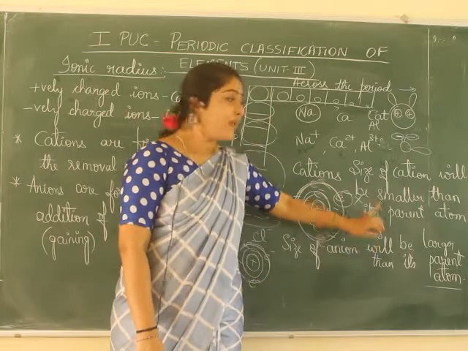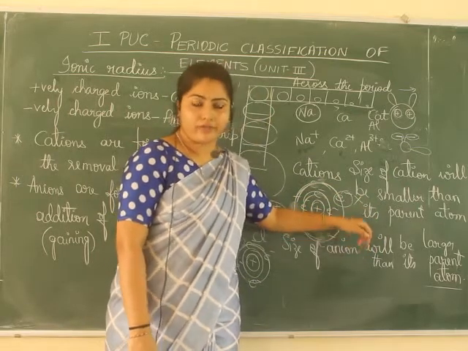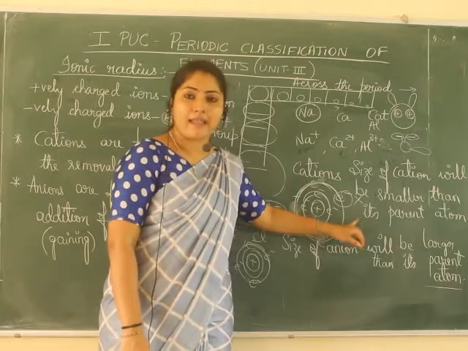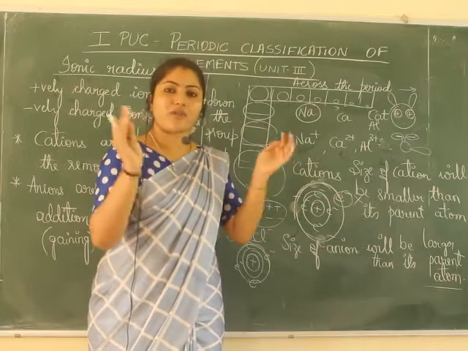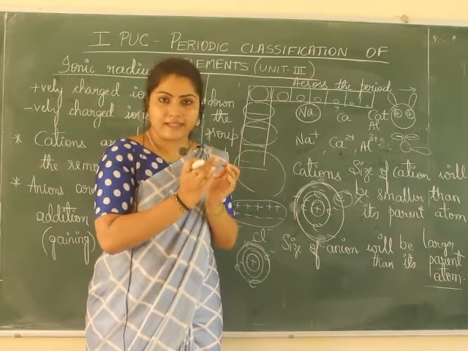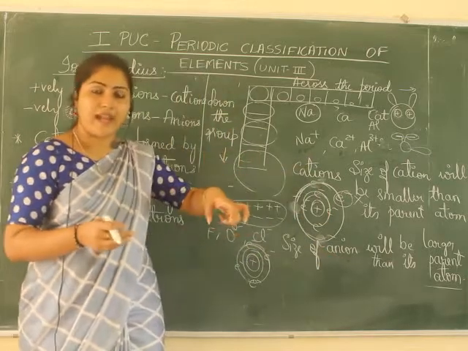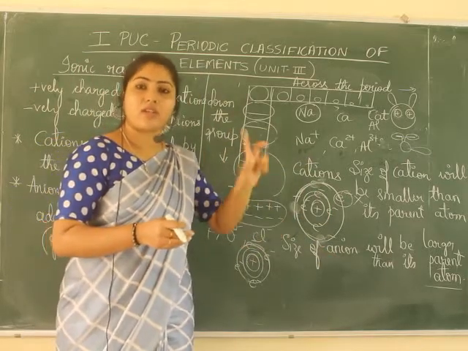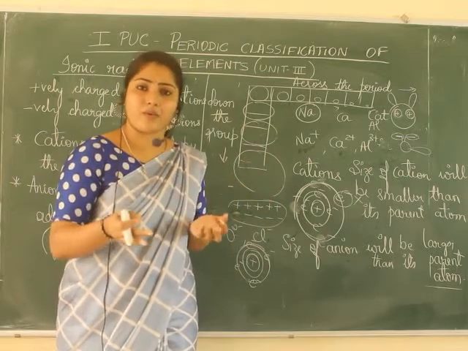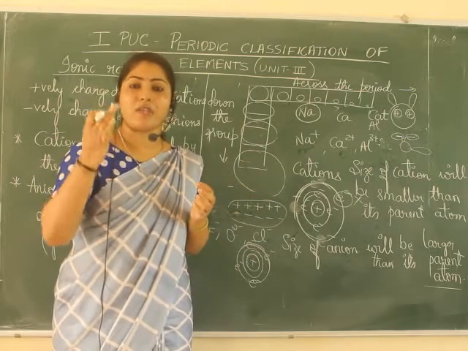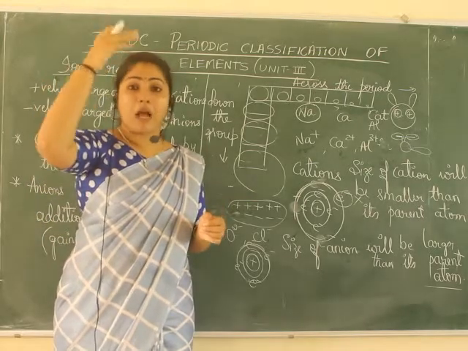You will have to say that because an electron is removed from the atom, the effective nuclear charge increases, because of which size decreases. Here what will you mention? Extra electrons are added, because of which the effective nuclear charge gets distributed, or the effective nuclear charge on every electron, that is the outermost electron, I mean to say the outermost electron, decreases.